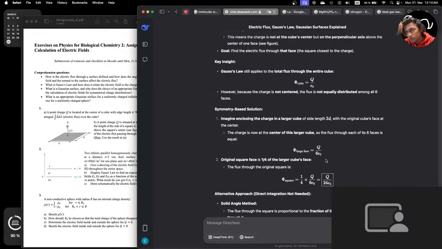Symmetry based question. Imagine enclosing the charge in a larger cube with side 2d. The charge is now at the center of the cube. So the flux through each of its six faces is equal. Okay.